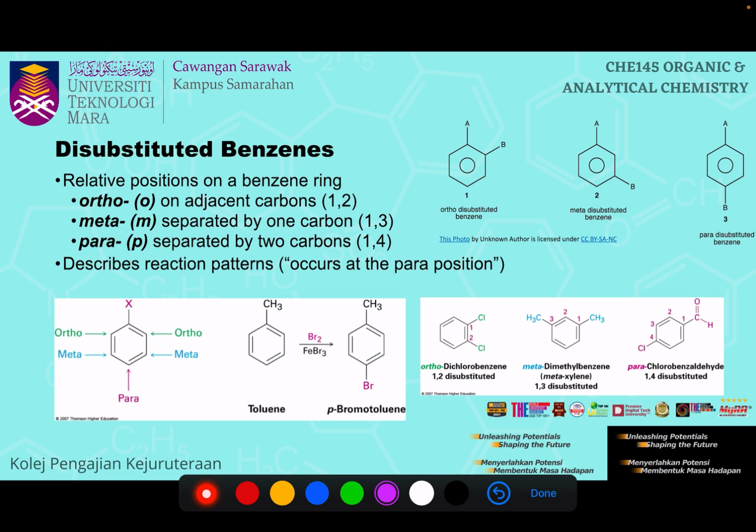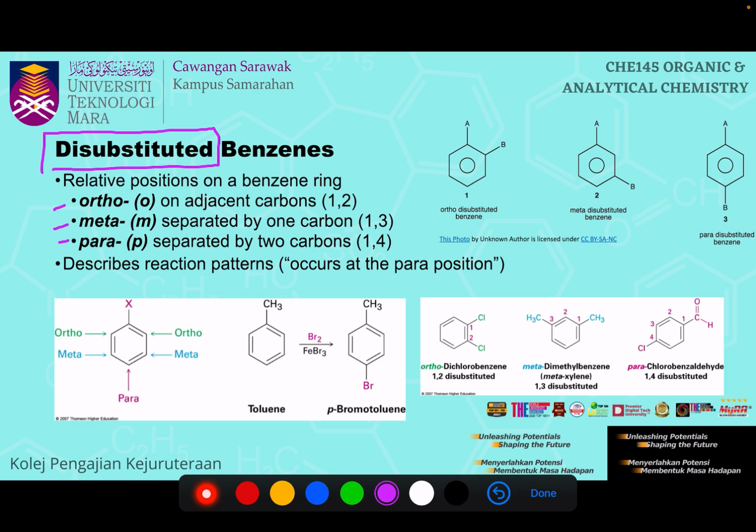So di-substituted benzenes, we have the relative position on the benzene ring. We have the ortho, meta, and para. I think I mentioned about this earlier, when we were covering chapter 4. Ortho, meta, para is only used for di-substituted benzene, meaning there are two substituents present on the benzene ring.